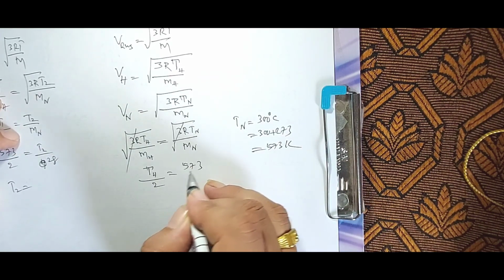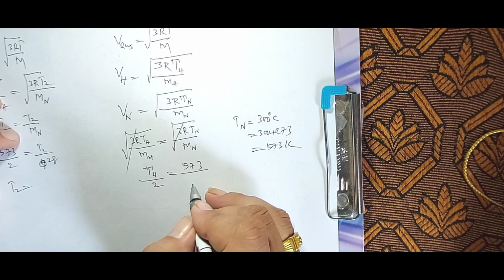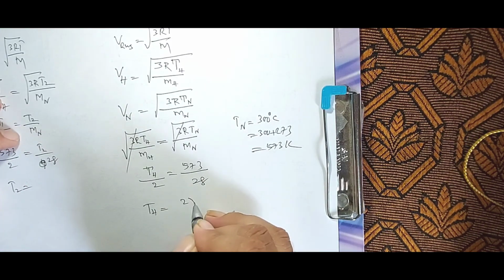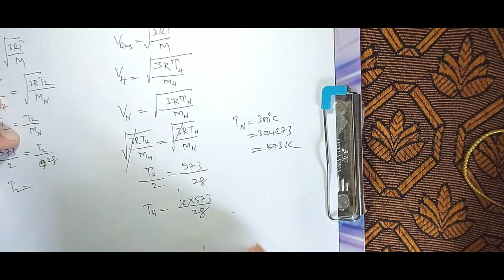So, 573 by mn 28. So, TH is equal to 2 into 573 divided by 28, 2 1s are 2, 14s are.